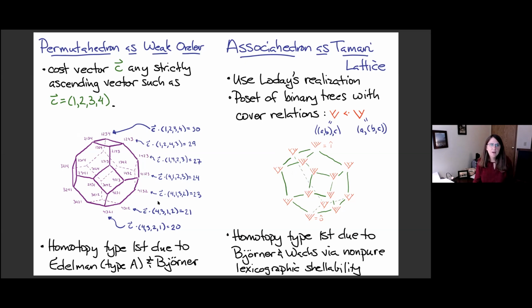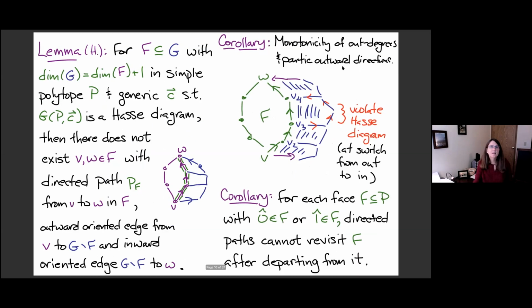I would point out that both of these posets, the weak order and the Tamari lattice, have every interval homotopy equivalent to a ball or a sphere, and they can characterize when you get which. You can actually recover those results from what we're going to do a bit later.